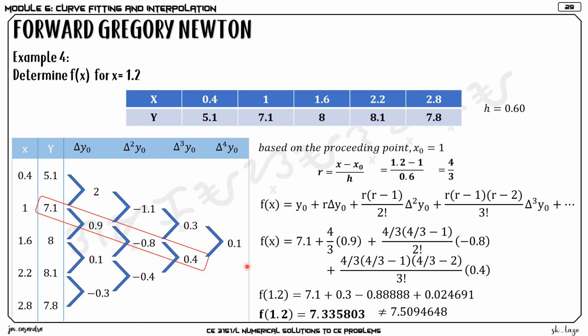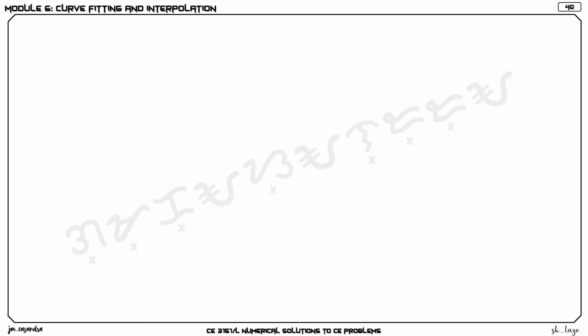Again, it is only applicable to use the other values of your forward differences if our table closes at 0. So this is it for forward Gregory Newton method.